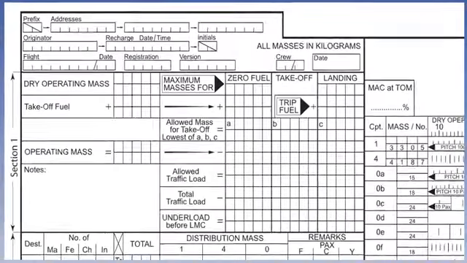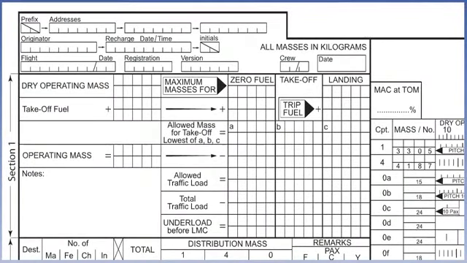We will progressively enter the required data into the appropriate box to complete Section 1 of Part A, starting with the allowed mass for takeoff, the lowest value of A, B or C. Start by entering the dry operating mass, 34,300 kilograms, and the maximum masses for zero fuel, 51,300 kilograms, and landing, 54,900 kilograms.